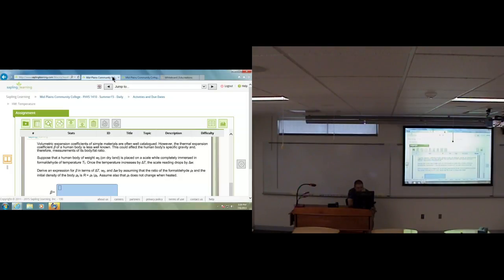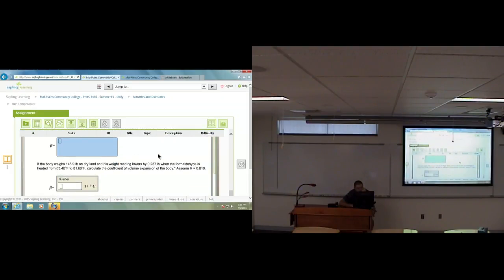Is that initial density on dry land or in the water? It doesn't really say.